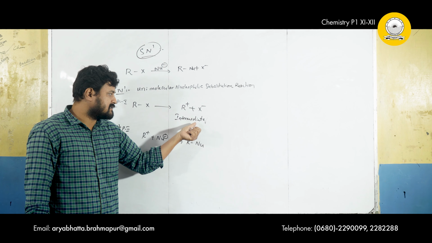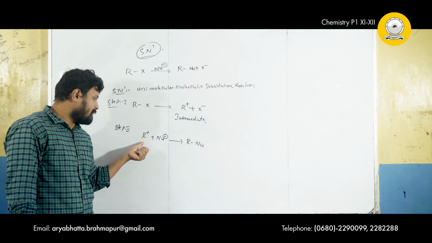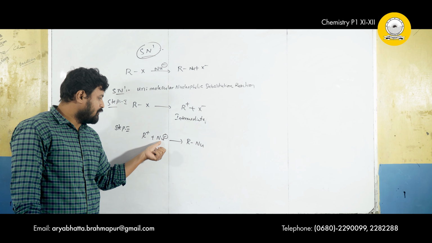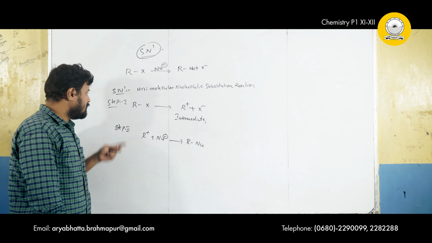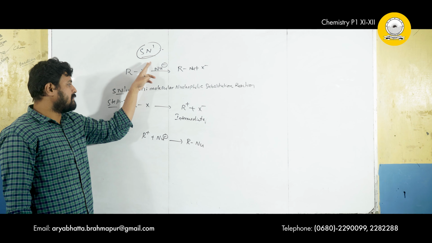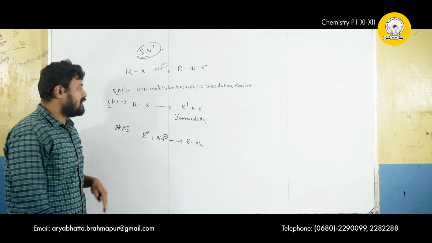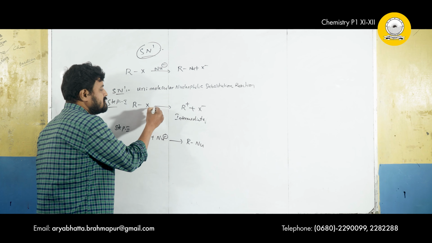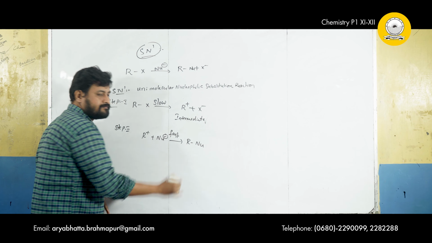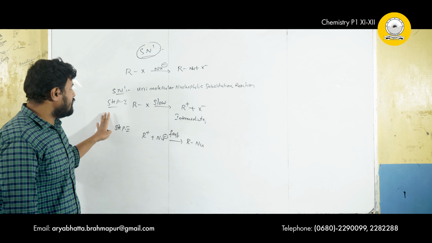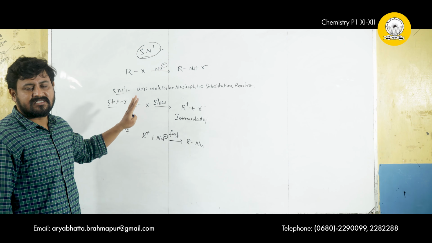R plus is known as the intermediate, and that intermediate again combines with the nucleophile and forms a substituted product. The SN1 mechanism is a two-step mechanism, and of the two steps, the first is slow and the second is fast. This is the final mechanism of SN1.